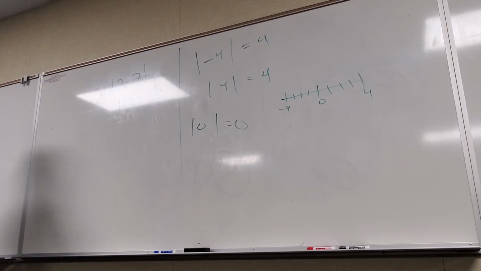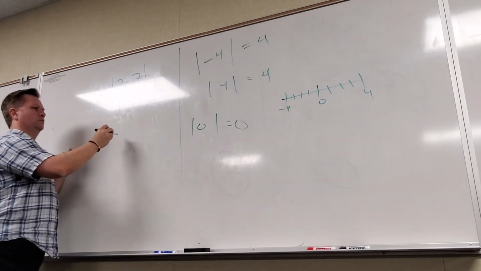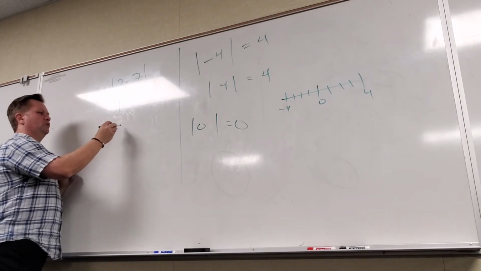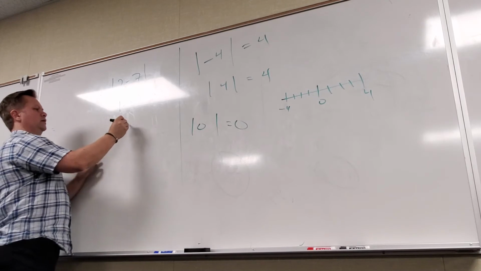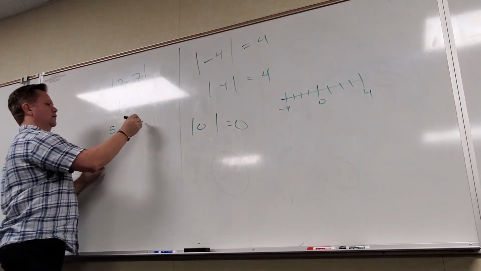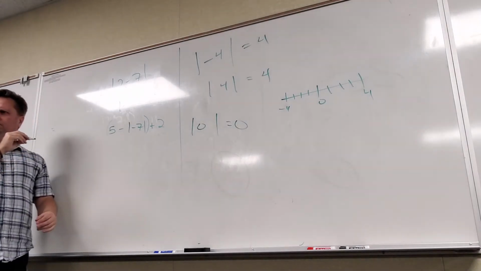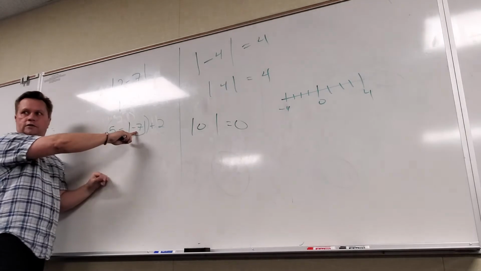I like it. Yes? Do you do parentheses or absolute value first? If it's in the same problem. Yeah. So the only way they could show up in the same problem would be something like this, because you do the parentheses first, so you do this inside first.